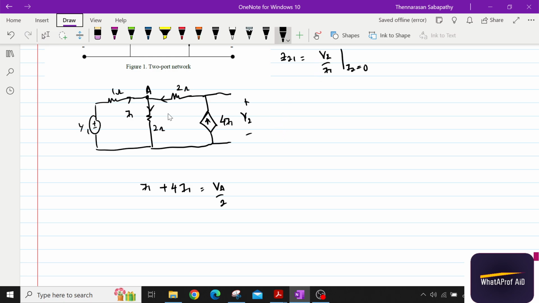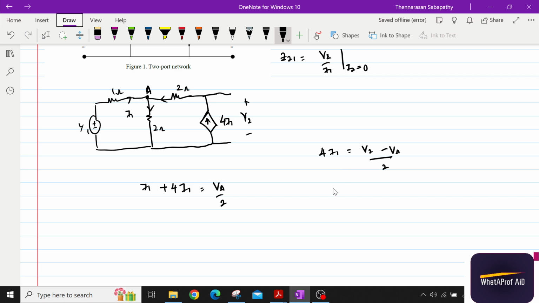And I can also specifically form the equation for this current. This is 4I1, this current equals to V2 minus VA over 2. And here I can find what is VA.